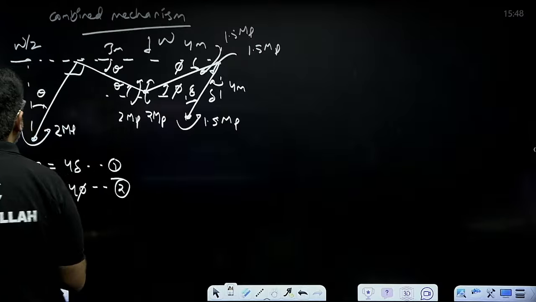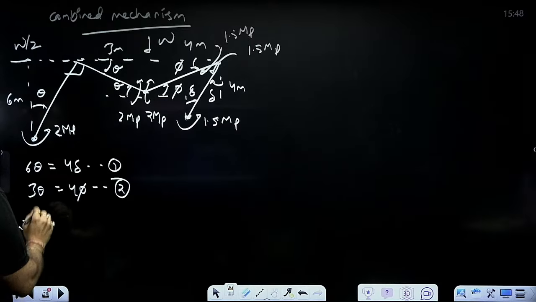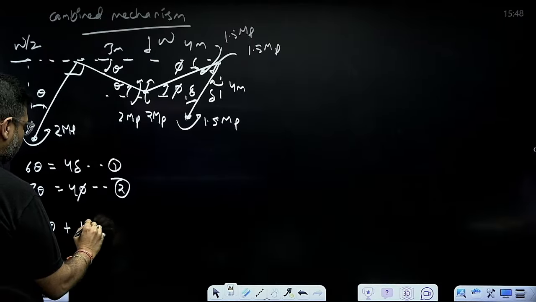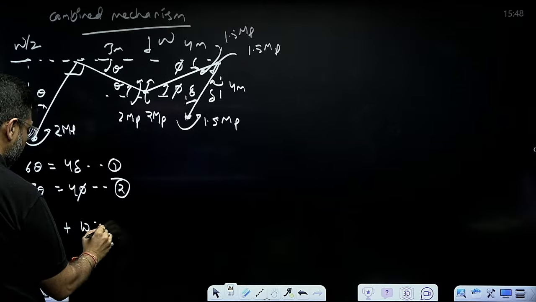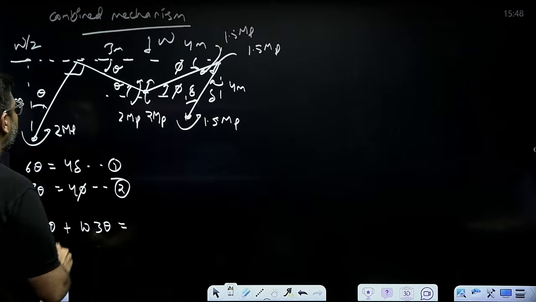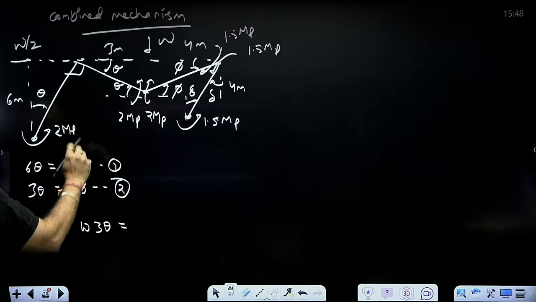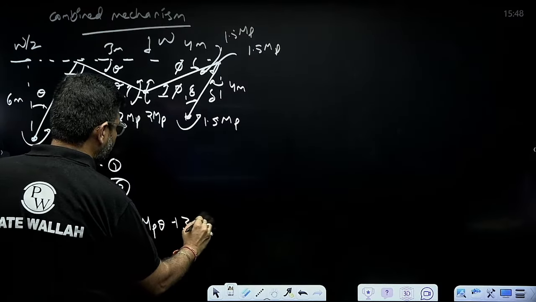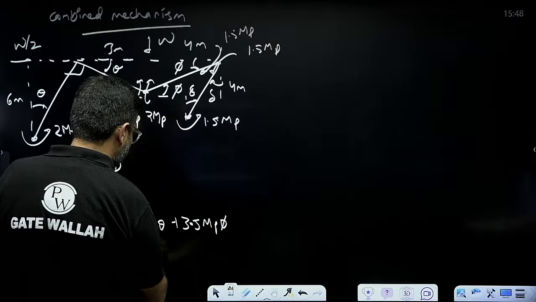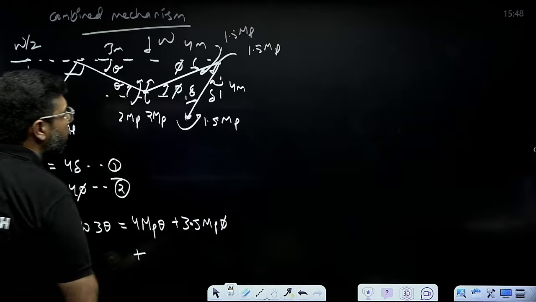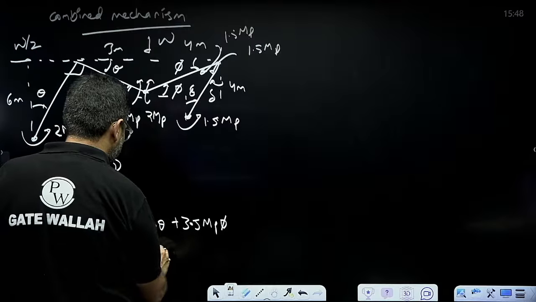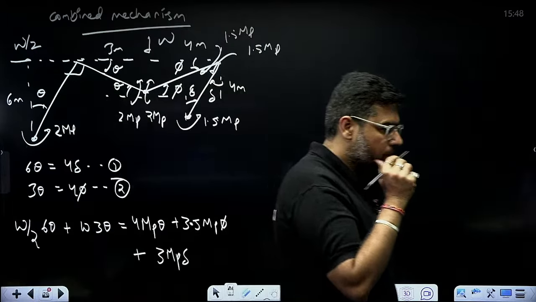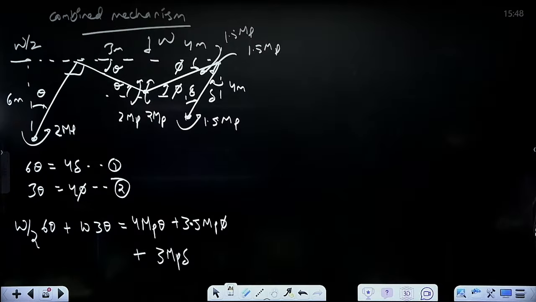So now W by 2, 6 theta plus W into 3 theta is equal to 2 MP theta, 2 MP theta. So 4 MP theta plus 3.5 MP phi plus 3 MP delta. This only, right? Substitute everything here, you will get the answer.